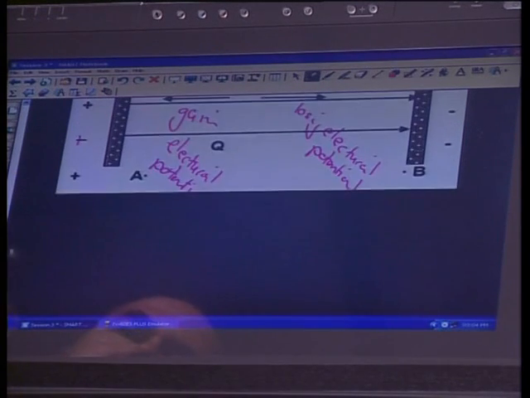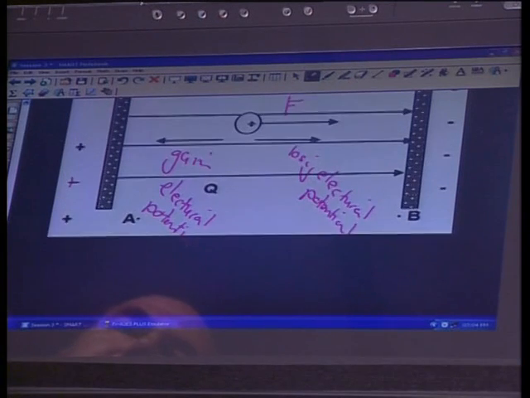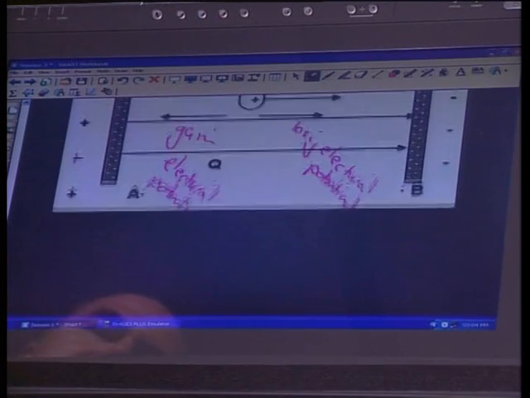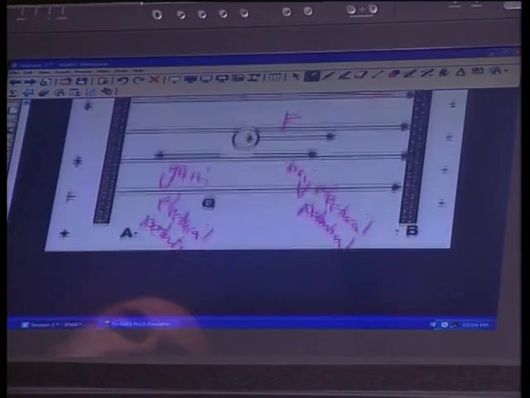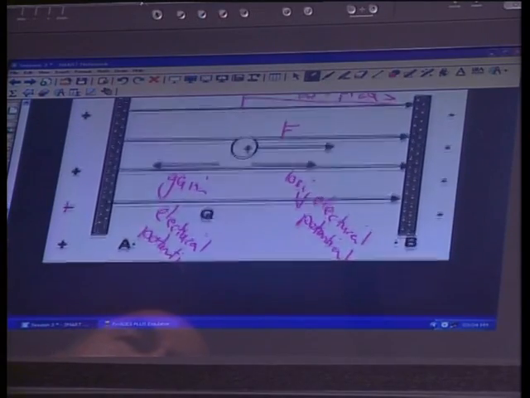So let's just try and put all of this together in some sort of equation, and we'll see what we've got.